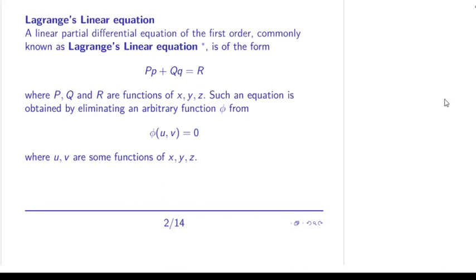A linear partial differential equation of first order is particularly known as a Lagrange linear equation if that linear equation is of the form Pp + Qq = R, where capital P, capital Q and capital R are functions of x, y, z, and small p and small q are, as we discussed in the earlier class, small p is nothing but dou z by dou x and small q is dou z by dou y.